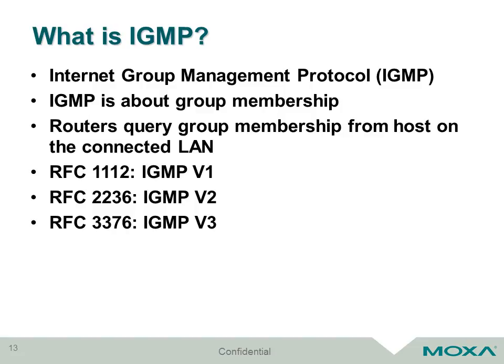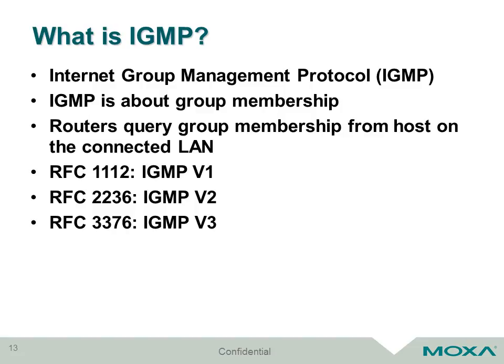This permits the IP multicast router to join the specific multicast group and to begin forwarding the multicast traffic onto the network segment. The initial specification for IGMP V1 was documented in RFC 1112, host extension for IP multicasting.